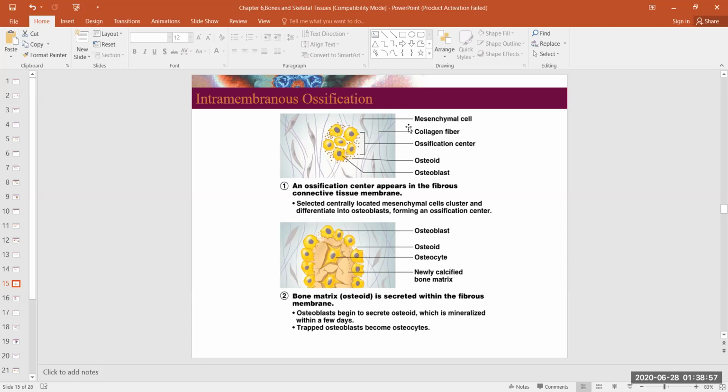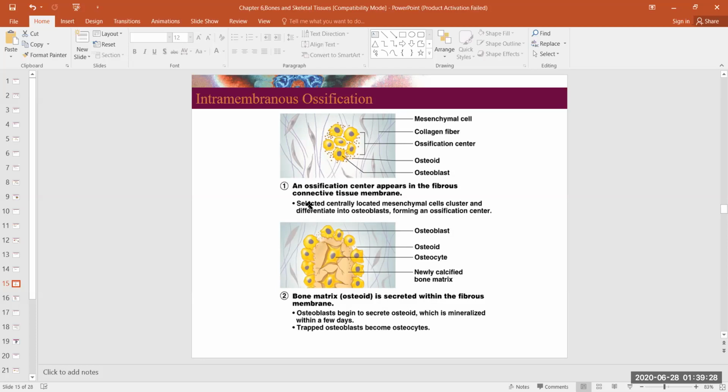These mesenchymal cells then transform into bone forming cells. We call them osteoblasts, or the baby bone cells. After a certain time, when they mature, these osteoblasts start making dot-like extracellular matrix, and that is called osteoid. These cells also form a lot of collagen fibers.